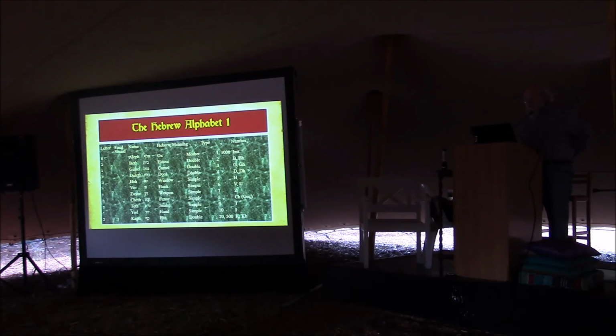Aleph, and the spelling of Aleph in Hebrew, is ox. Now, if you ever see a picture of the old Paleo-Semitic Aleph, it looks exactly like a Taurus leaning at a 45-degree angle.